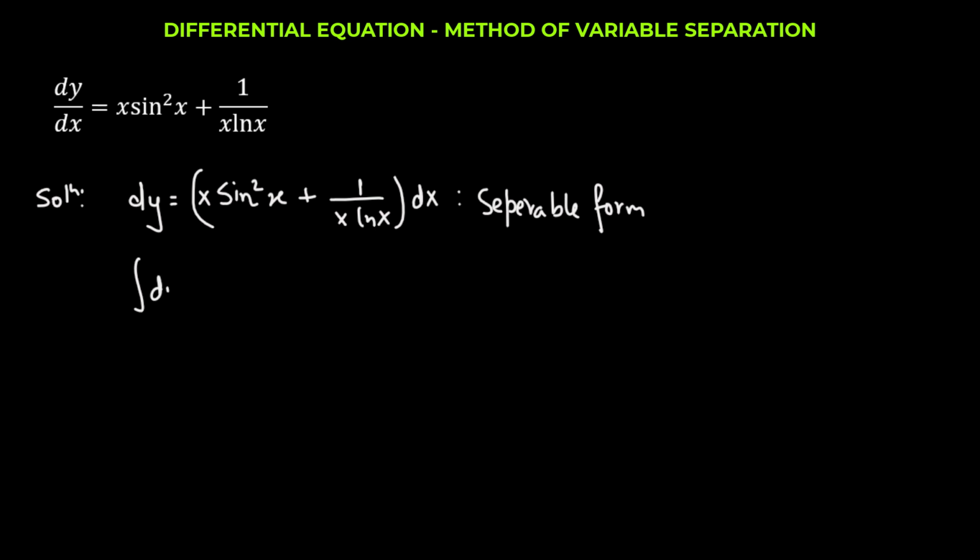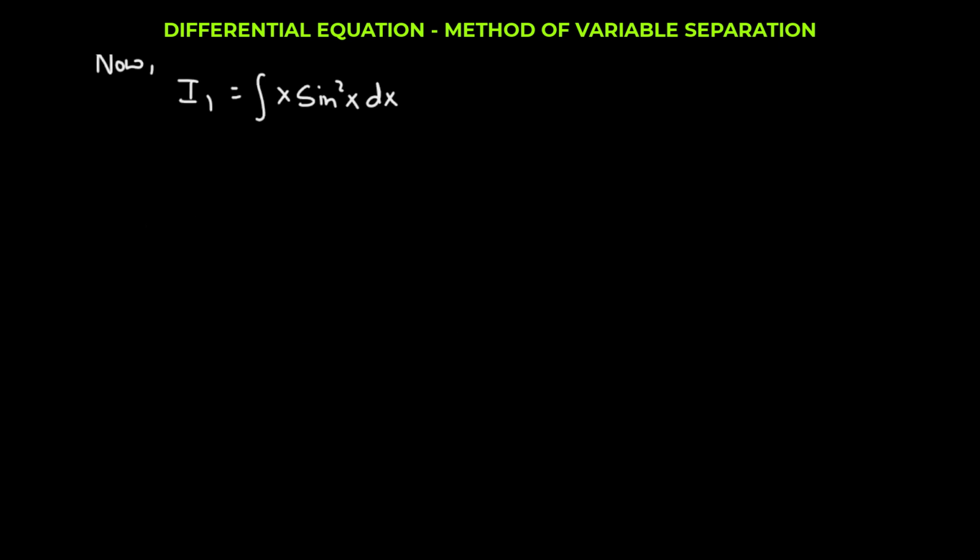So we're going to integrate both sides, and that should give us integration dy equals integration x sine squared x dx plus integration of dx over x log x. Now let's consider the first integral as I1 and the second integral as I2. We begin with the first integral. So I1 will be equal to integral x sine squared x dx.